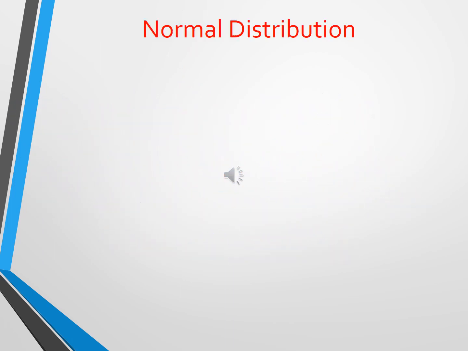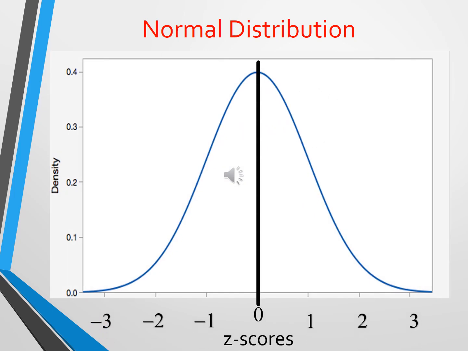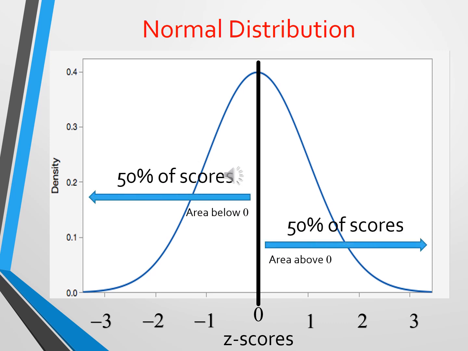Here's what we know about the normal distribution. The mean is in the center of the distribution, as are the median and the mode. And the normal distribution is symmetric about the mean. That implies that half of the scores are above the mean, and the other half are below the mean.